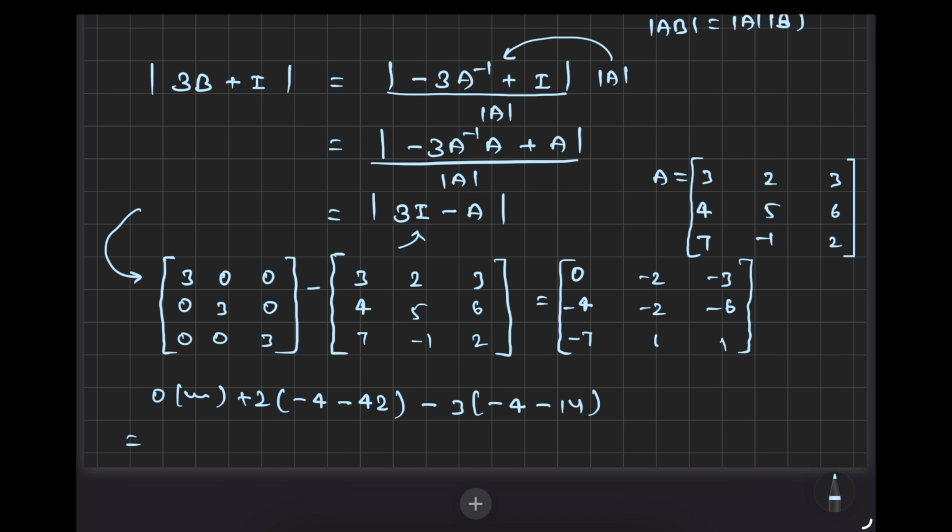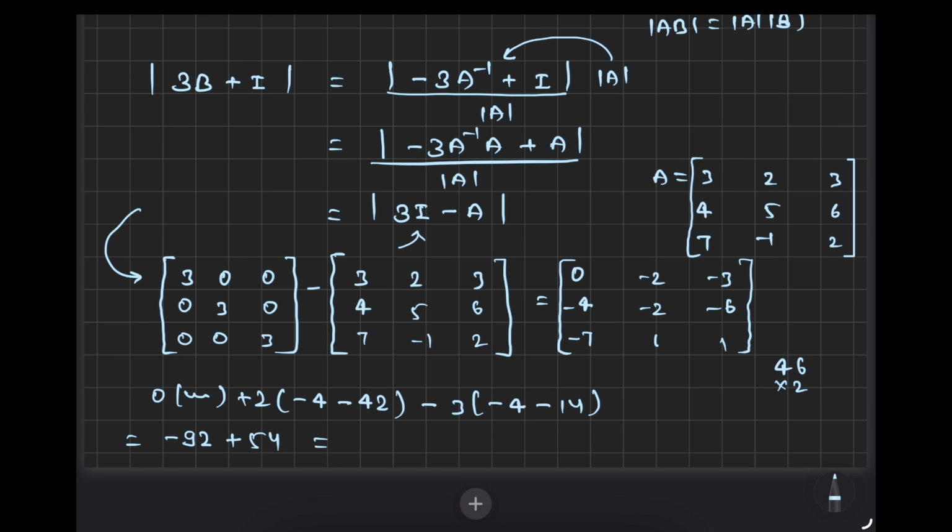So we got the value as 46. Okay, so 46 times 2 is 92, that 2 in negative sign. Okay, so this is what? Minus 18. So it will become 54. Okay, so this we got as 54.